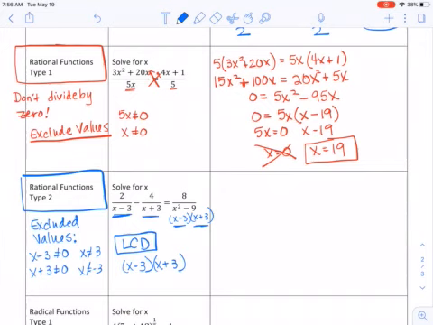So I don't need to throw in another one, because the whole idea of the least common denominator is to get the fraction to cancel out. So we're going to multiply everything by x minus 3, x plus 3.